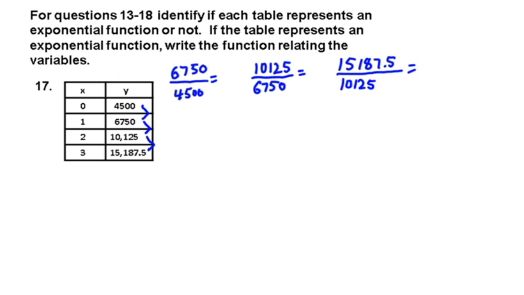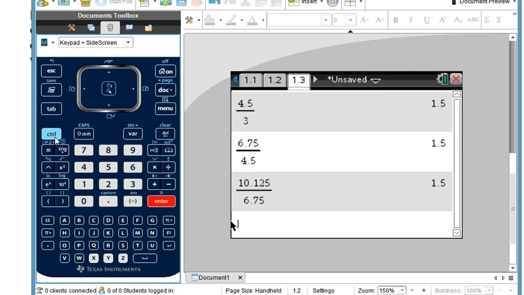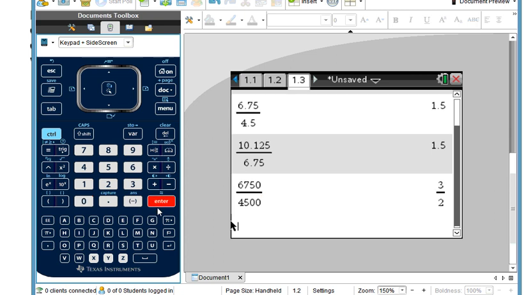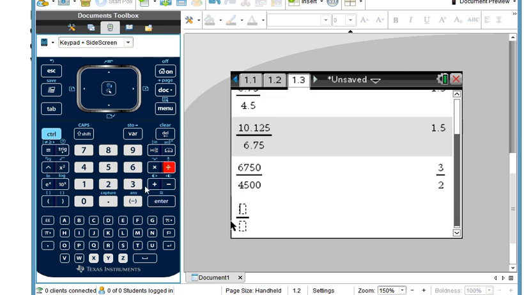Okay, 6750 divided by 4500. We get 3/2. Next, we're going to take 10,125 and divide that by 6750.